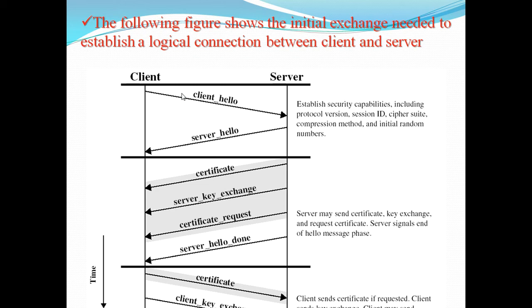All these things are contained in the client hello to the server, for simple first identification. Then the server sends the certificate and key exchange request, then server hello done. Similarly, the client also sends its client certificate and client key exchange.